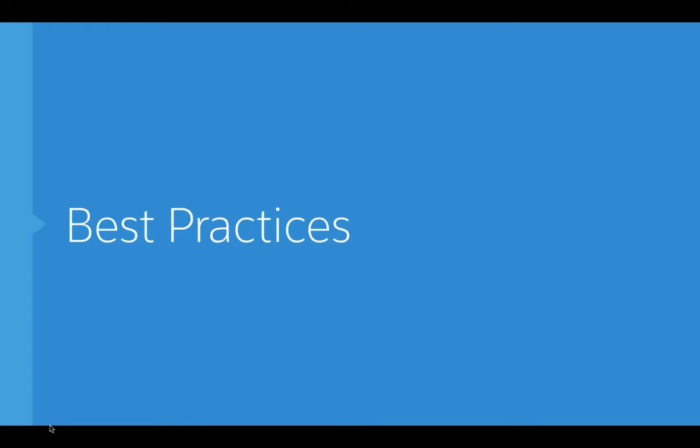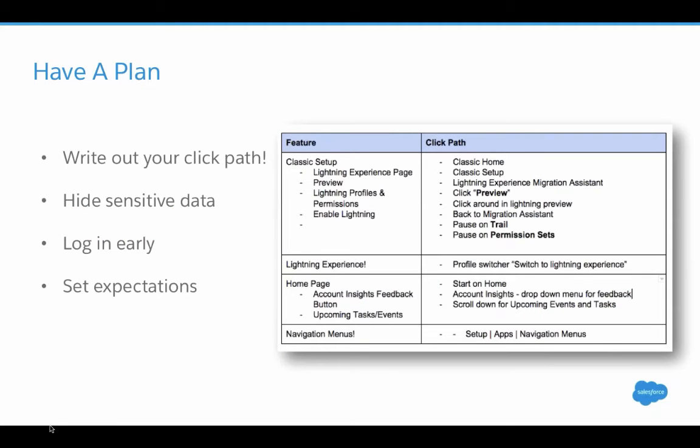It's really focused on knowing exactly where you're going to click and making sure that every single screen has data that supports your demo, doesn't distract from it, and doesn't take away from it. And so a key component of preparing to do that is to have a plan. It's really difficult to prepare your screens if you don't know where you're going to click. So I'm a big advocate of writing out your click path.